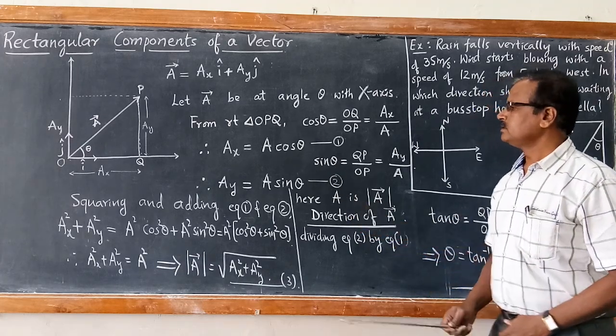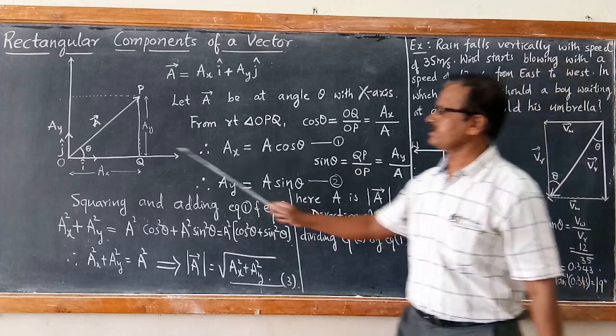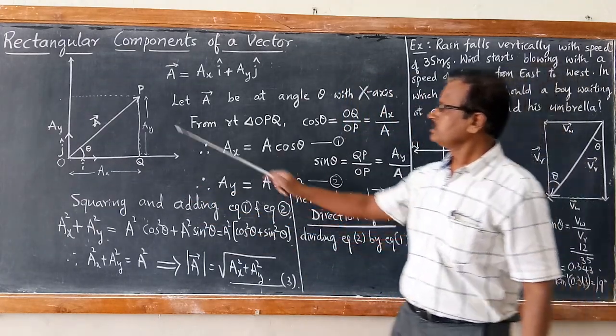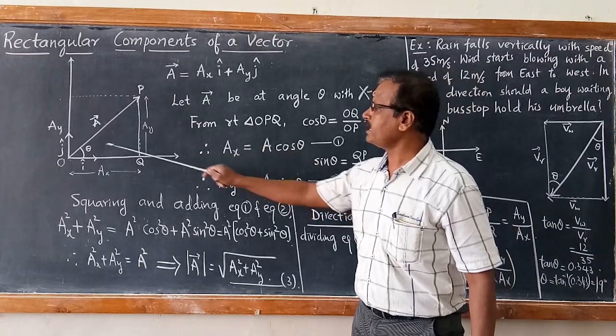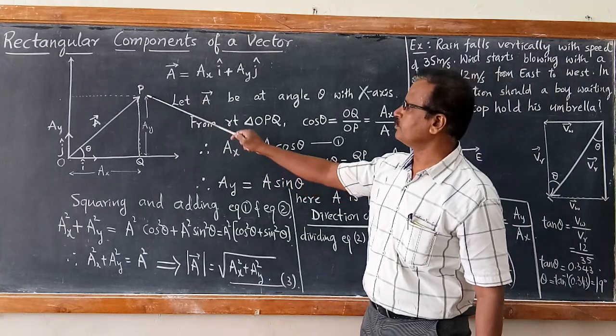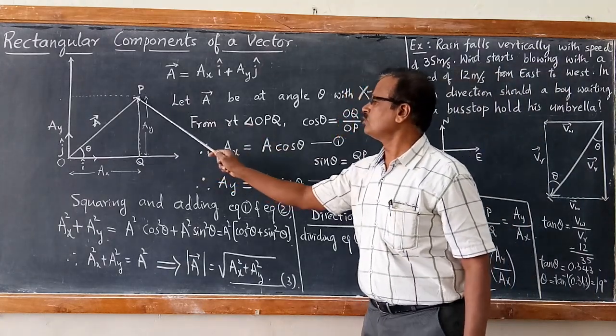Okay, fine. Now similarly, if we find sine of angle theta, sine theta is equal to the opposite by hypotenuse. The opposite is QP, the hypotenuse is OP.